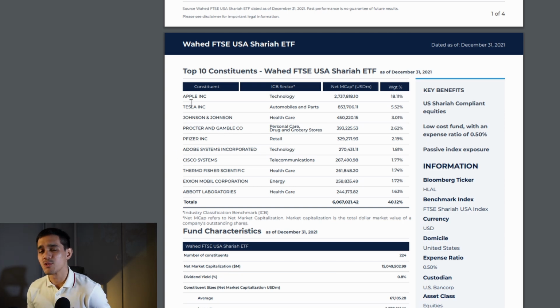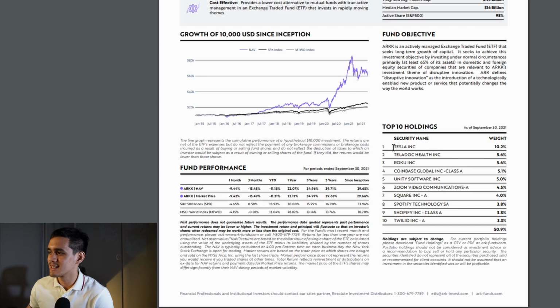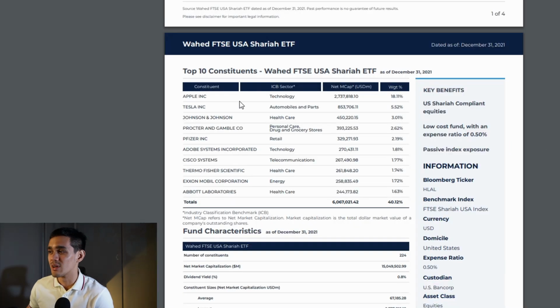These are all great companies, but I want to point out something that I don't really like about this ETF, which I have mentioned before in a Wahid review video, and that is the fact that Apple has an 18% weight in the entire portfolio. So remember when we were going through the ARK one here, and I said that Tesla's 10% is kind of high, Apple at 18% is incredibly high for an ETF.